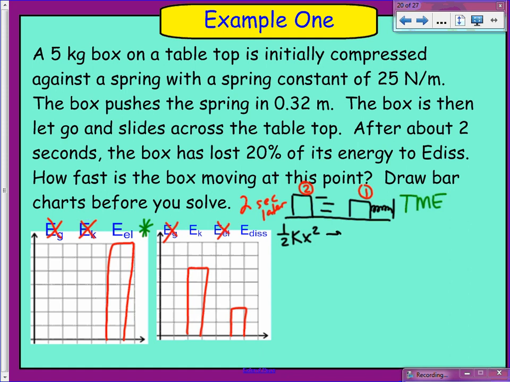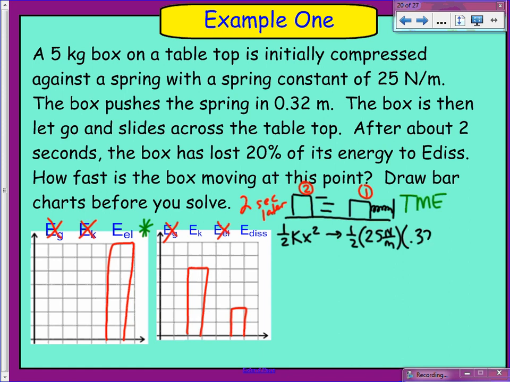In this problem, we are told that my spring constant is 25 newtons per meter. Let's make sure we understand what that means. What that means is it takes 25 newtons if we would like to stretch or compress the spring 1 meter. All right, and then we are told the x, which is the amount that the spring is deformed, is 0.32 meters because it's pushed in.